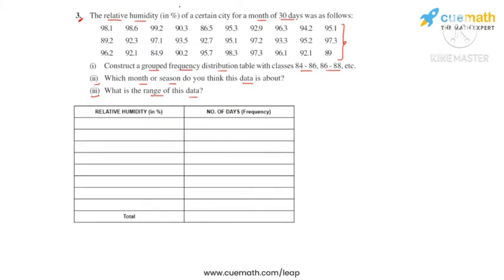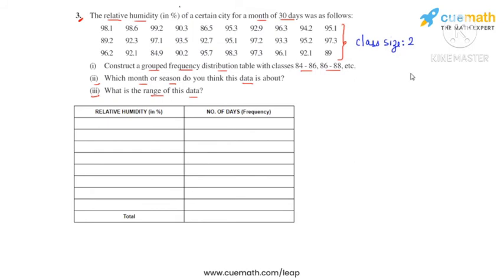And as they have already given us that the class size is 2, because they have given us that the classes will be 84 to 86, 86 to 88 and so on, we write that the class size for this data is 2. So we start writing the different classes.